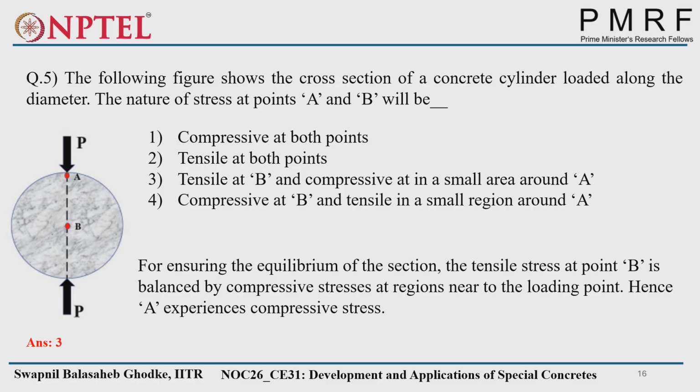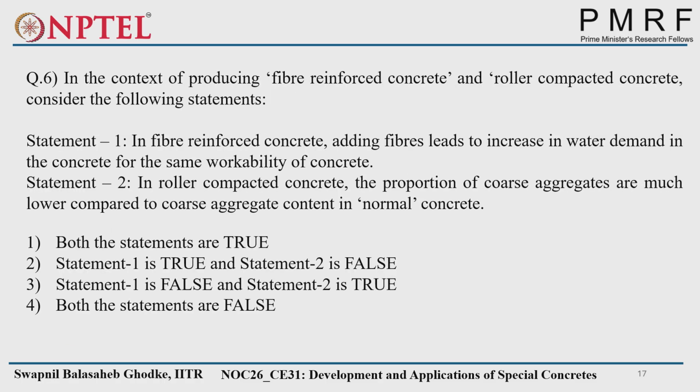We can also consider it by visual inspection. Suppose we are pressing something below, or touching with the hand only, we'll get some compression, right? And suppose we are pressing a rubber itself, the middle part will go into tension. So that is the basic understanding of this. So the answer will be 3, tensile at B and compressive in a small area around A.